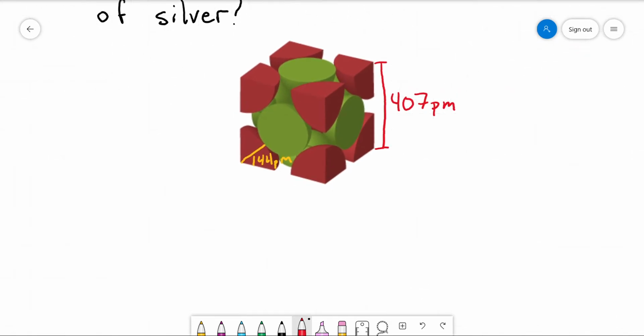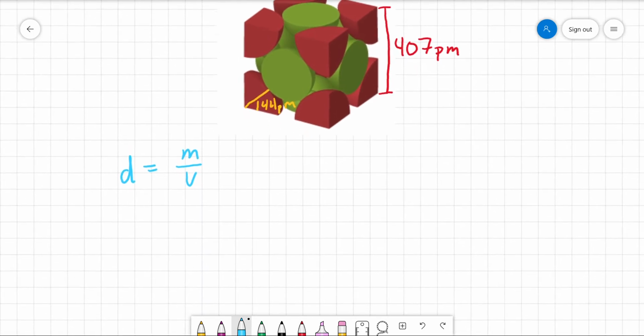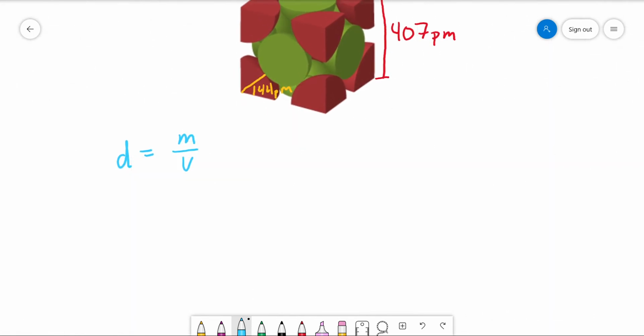So let's remember what density is, first of all. Density is equal to mass over volume. Well, we're not given a mass and we're not given a volume, so what are we going to do? Well, the mass is just the mass of the atoms in the cell.